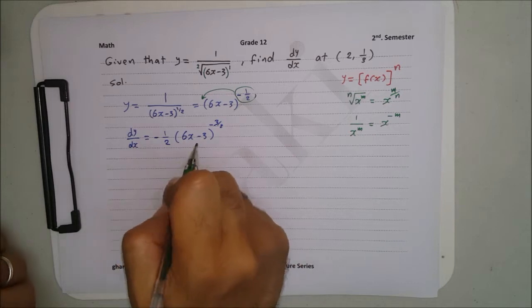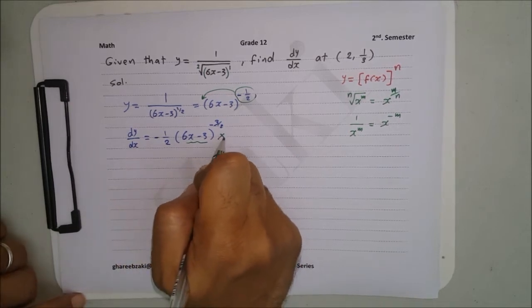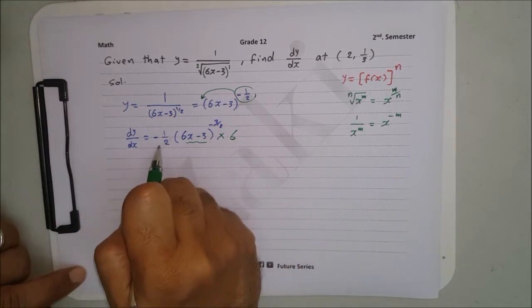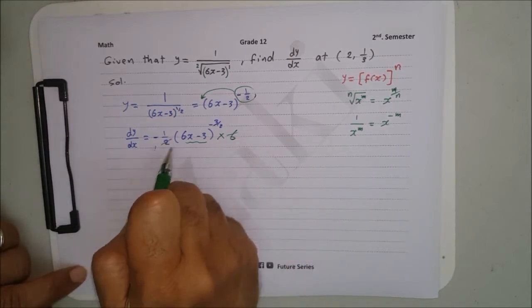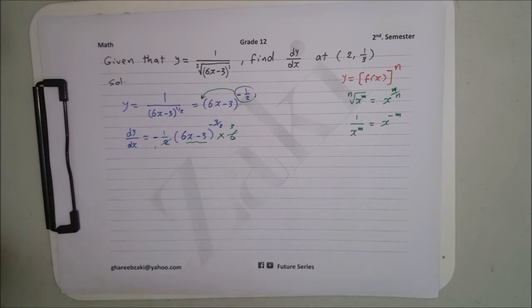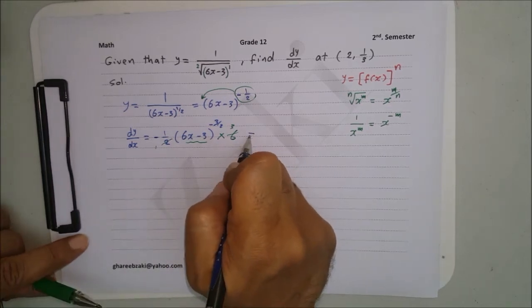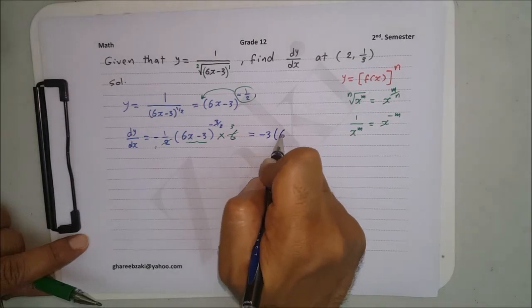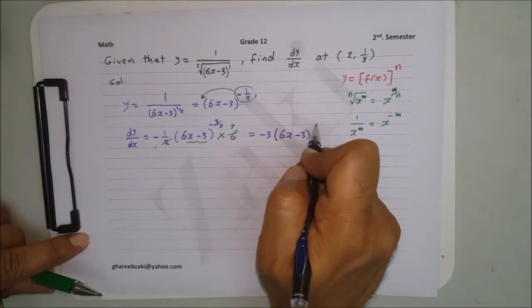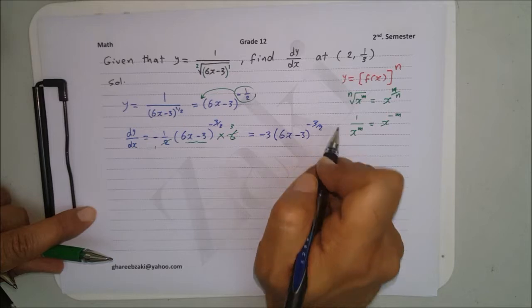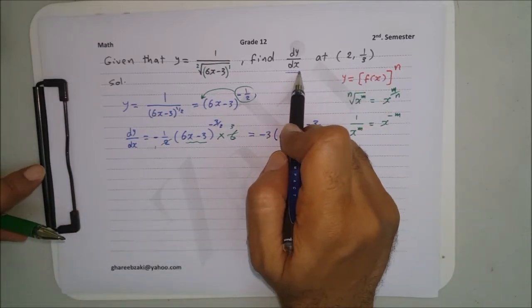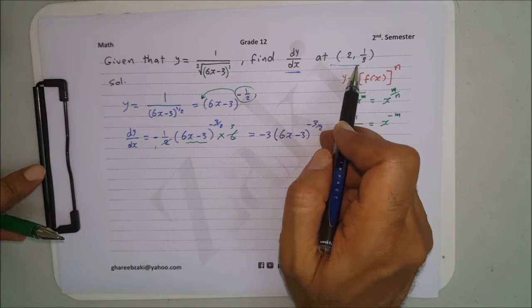Multiply by the derivative of inside the bracket, so multiply by 6. Simplify. We cancel 2 with 6, 6 divided by 2 equals 3. So the answer in simplest form is negative 3 bracket 6x minus 3 to the power negative 3 over 2.